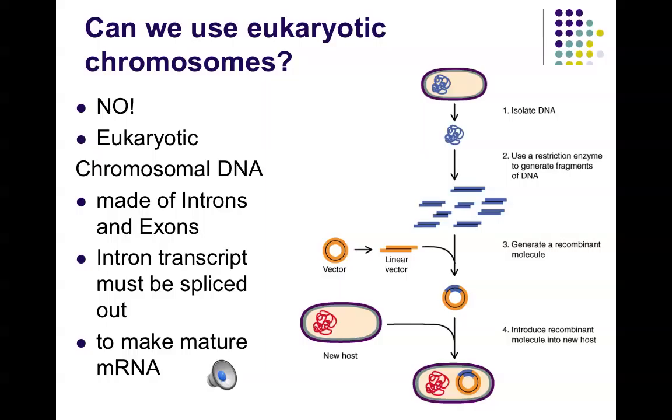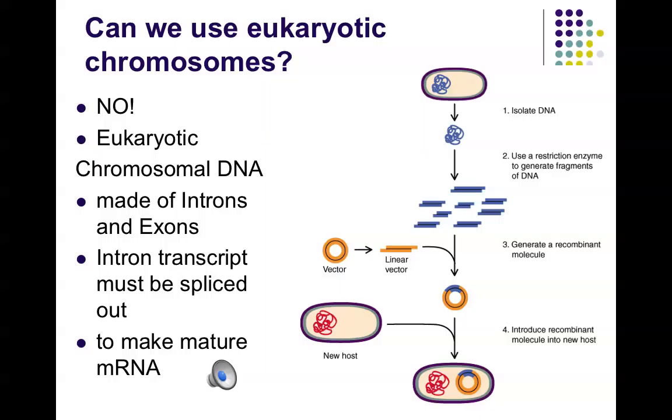And originally, they did try to use eukaryotic chromosomal DNA and the same kinds of enzyme tools, the restriction endonucleases and the DNA ligases, to create recombinant DNA fragments and then use vectors like plasmids and expression tools like bacteria to see if they could manufacture human products and human proteins.